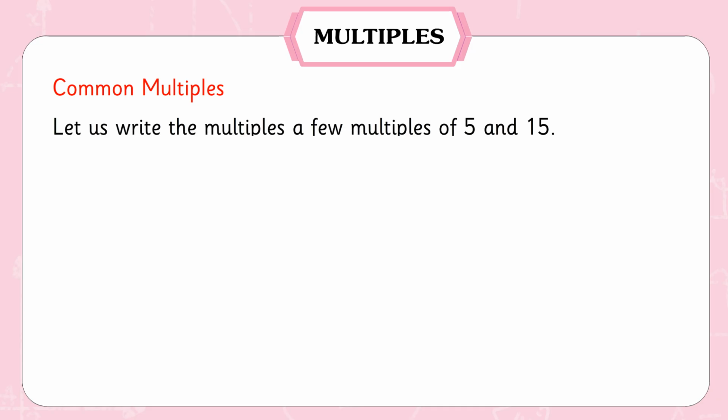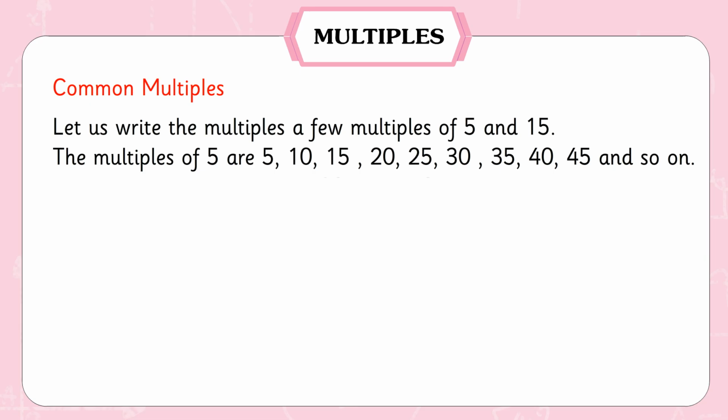Common multiples. Let us write a few multiples of 5 and 15. The multiples of 5 are 5, 10, 15, 20, 25, 35, 40, 45, and so on.